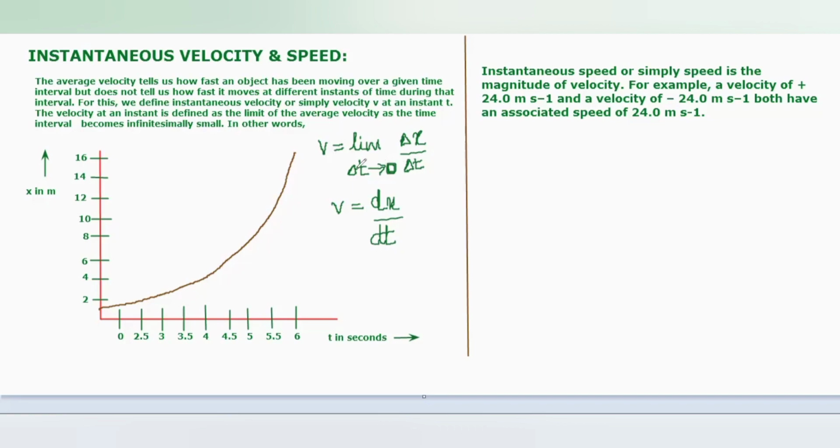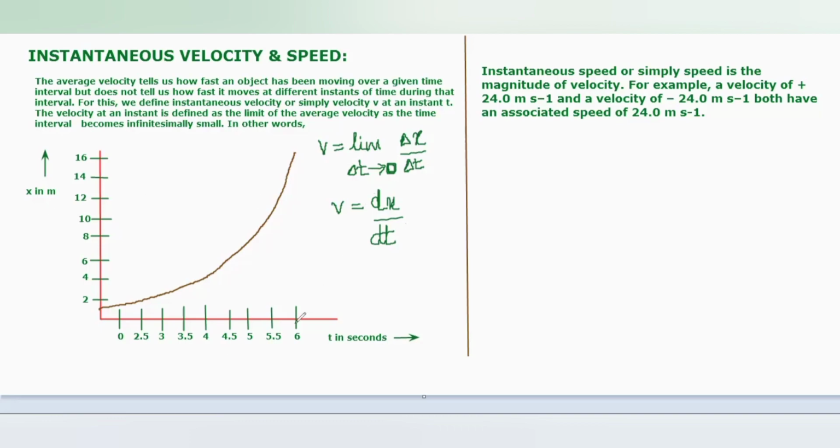When you make the time interval tend to 0, the average velocity becomes the instantaneous velocity. So this term we can write in differential form as dx divided by dt.